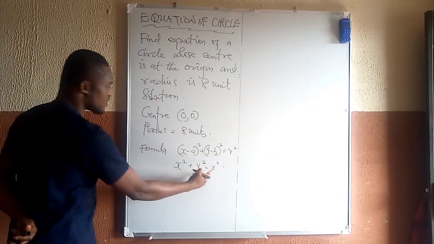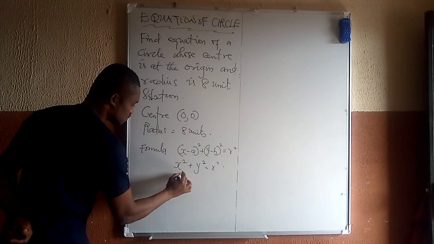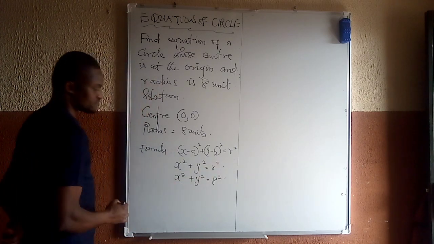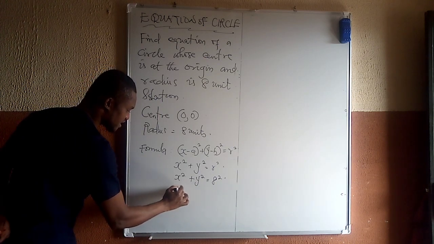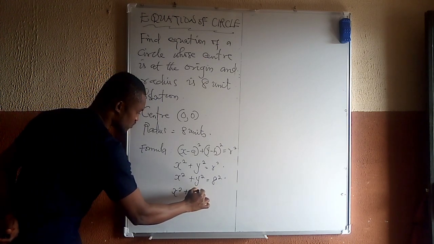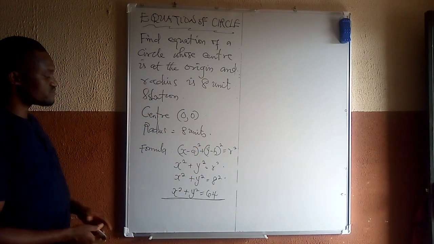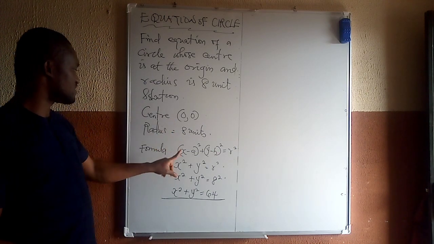Now we have our radius equal to 8. So we have x squared plus y squared equal to 8 squared. So 8 squared will give us 64. So we have x squared plus y squared equal to 64. So that's the equation of a circle with the given center, origin, and the radius 8.